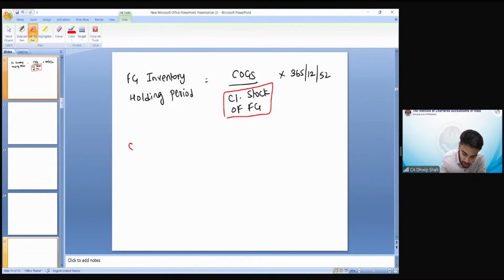So can I say stock of FG would be nothing but, what will it be? Let's transposition the formula and calculate the value of stock of FG.